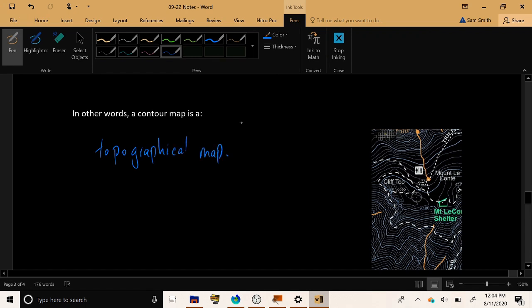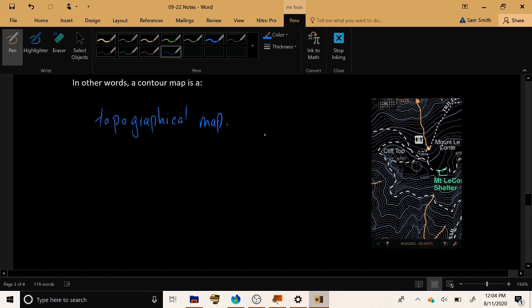If you've never heard of a topographical map before, then I pulled such a map for, I think, some state park here on the side. Now on this map, you'll see a variety of different curves and lines. And each one of the curves that you see in a topographical map corresponds to a certain height, a certain elevation.